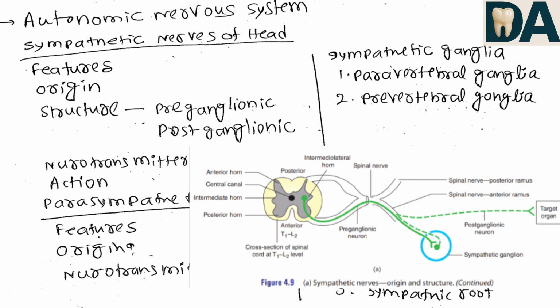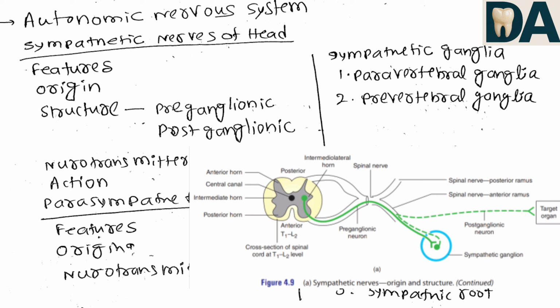ganglion and to synapse with a postganglionic neuron present in the ganglion. Sympathetic ganglia are centers where the preganglionic neuron synapses with the postganglionic neuron.